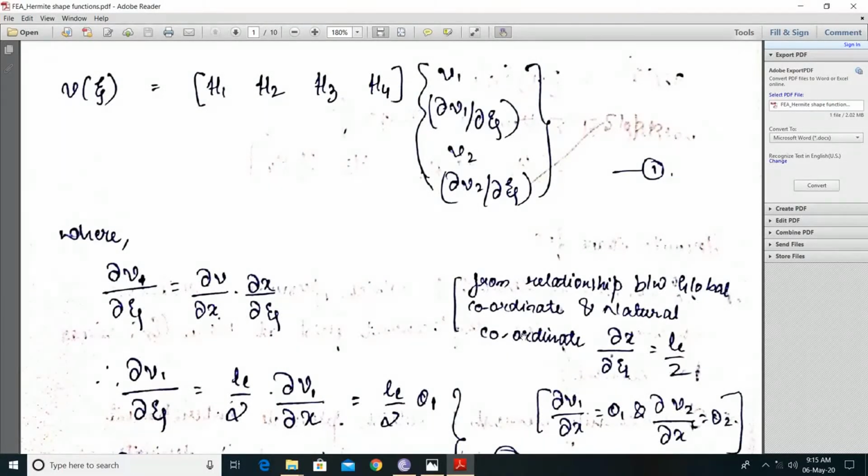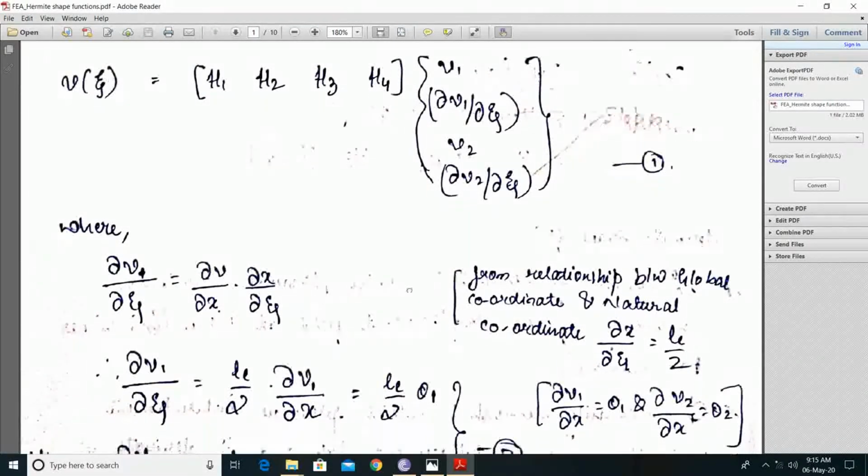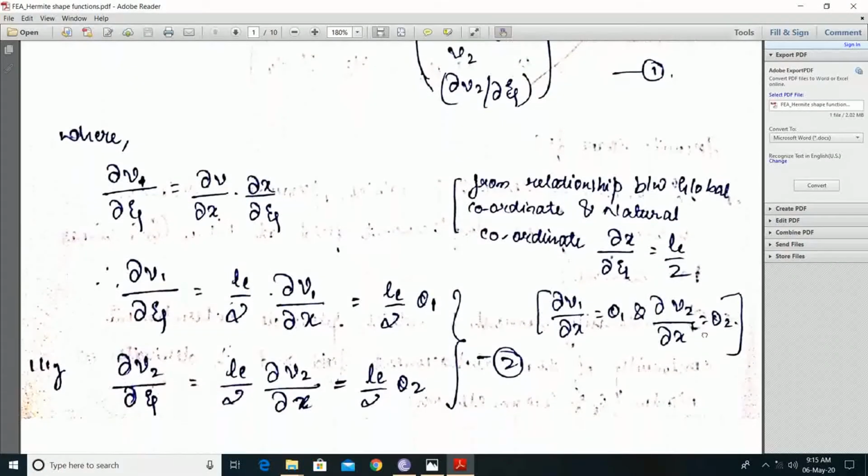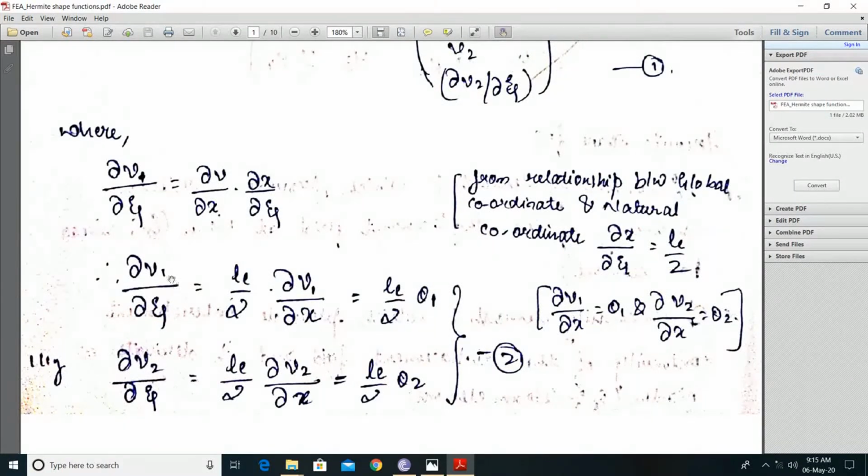When you substitute here, dou v upon dou xi is Le by 2 dou v upon dou x, and we know from the previous derivation dou v1 upon dou x equal to theta 1, dou v2 upon dou x equal to theta 2. So we'll be getting dou v1 upon dou xi equal to Le by 2 theta 1, dou v2 upon dou xi equal to Le by 2 theta 2.